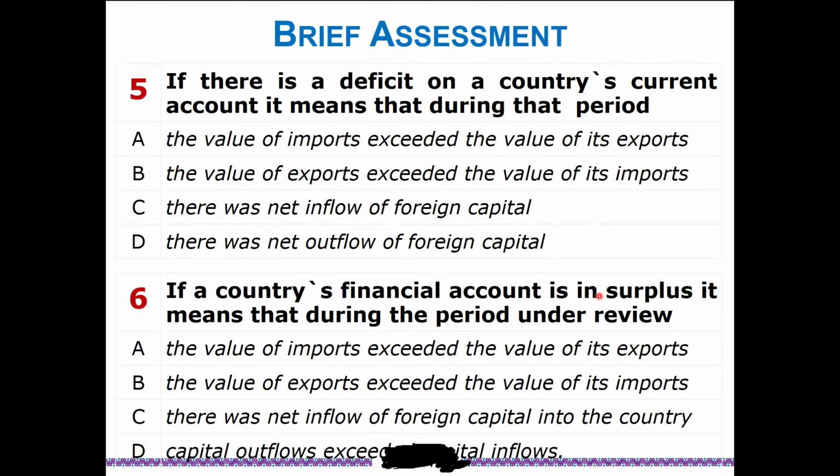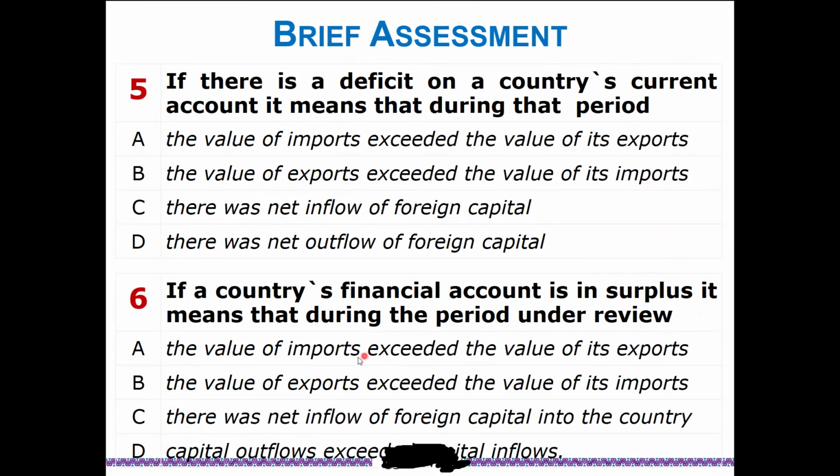And if a person from the US comes to South Africa and opens a business here, that is an inflow, because they're investing in us. So if our inflows, meaning people coming to invest in us, are greater than our outflows, meaning us investing in them, then we'd have a surplus. Or if there's an increase in the net inflows, then we have a surplus.